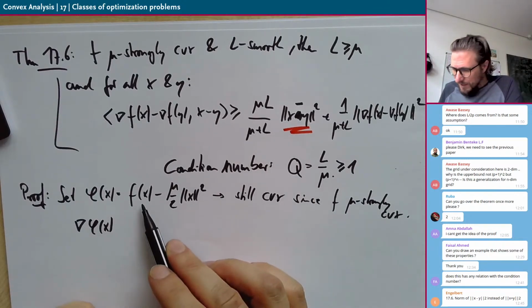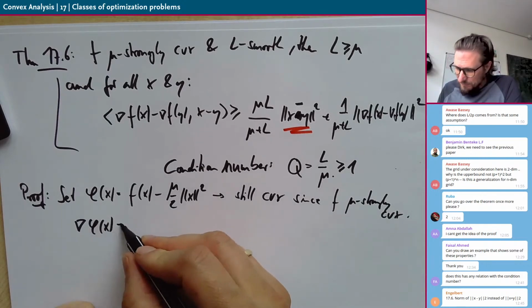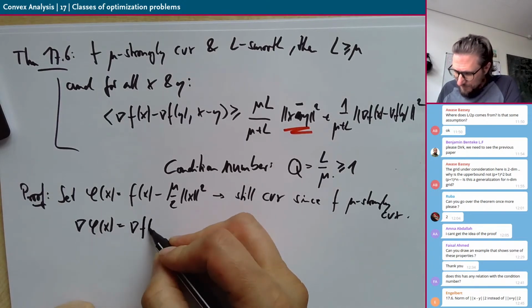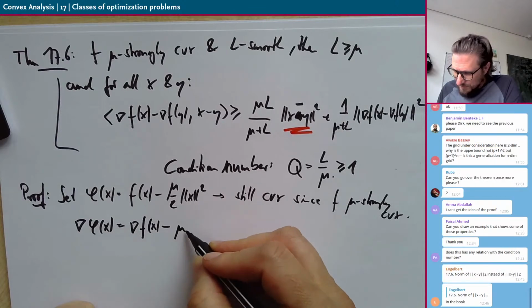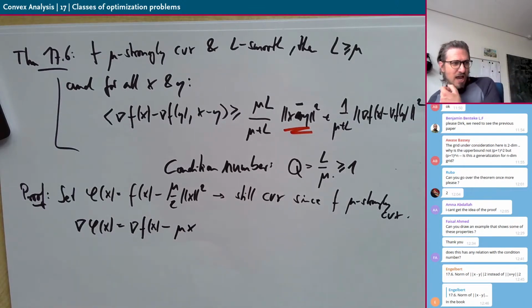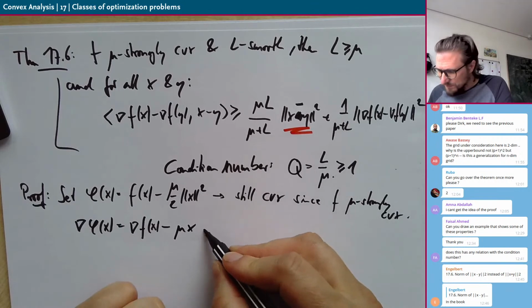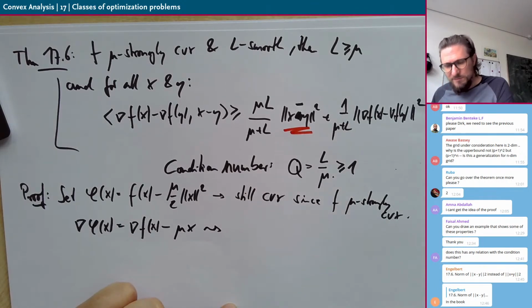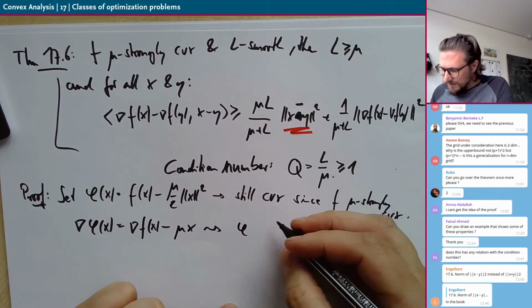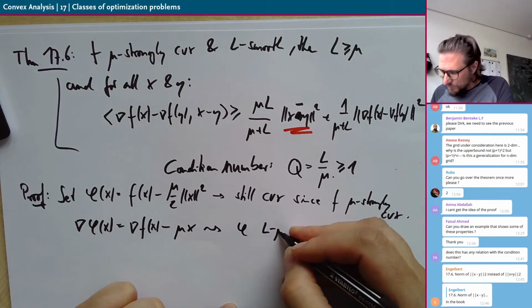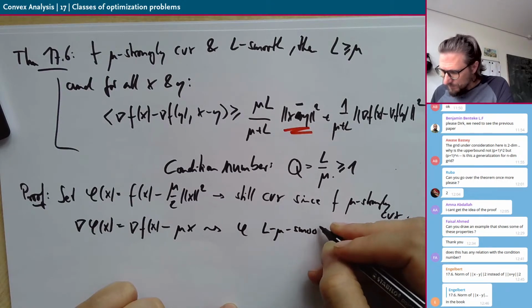So the gradient of this function here is then, just by calculus, the gradient of f minus mu times x. And this shows, also using previous results, that this phi is L minus mu smooth.